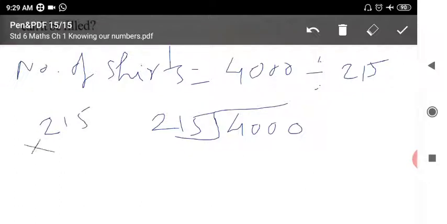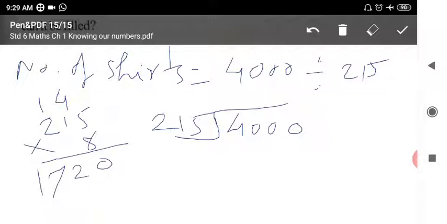215, we are doing 215 multiply by 8. 8 5s are 40. 4 will come up. 8 ones are 8. 8 plus 4 12. 2 here, 1 carry forward. Okay, now 8 2s are 16 plus 1 17.